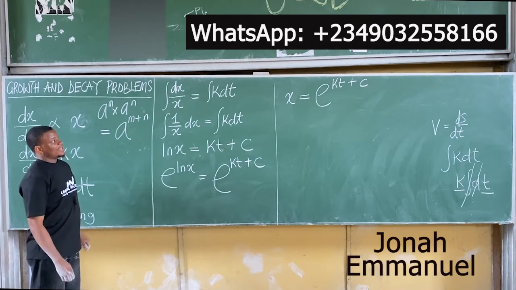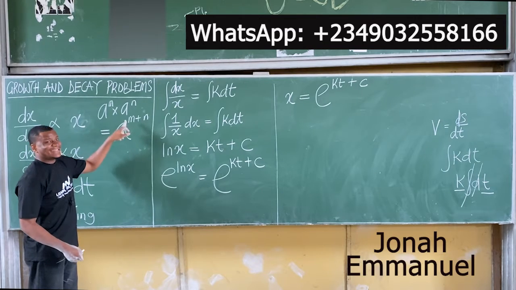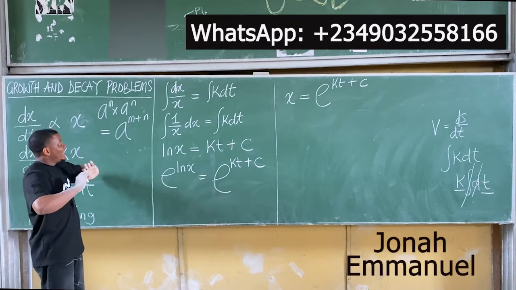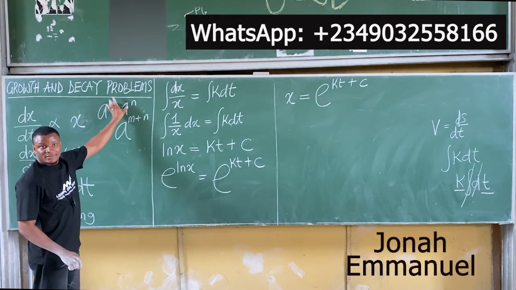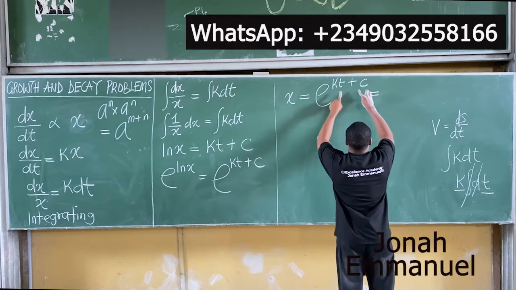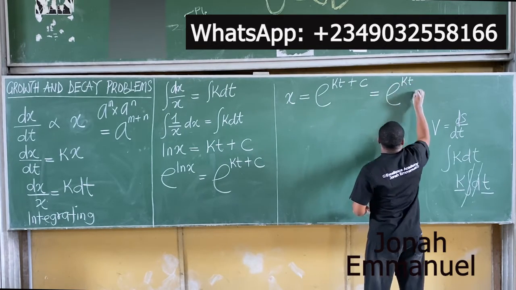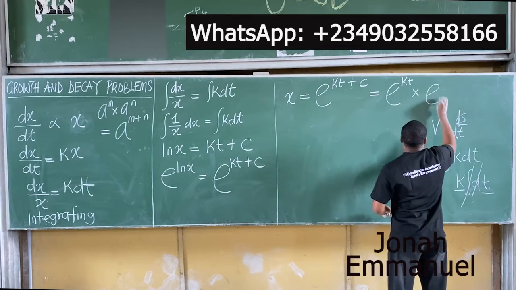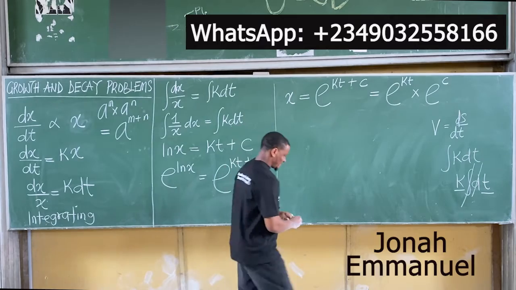So in essence, if I have powers adding, I can expand it to be the same base multiplying. So please watch this. This will be equal to, they are adding, so it becomes exponential kt multiplying exponential what there? C.